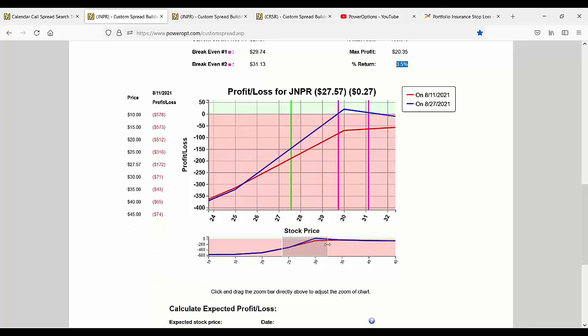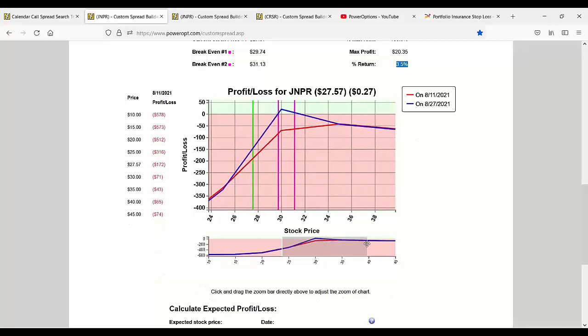But whenever you have one of those positions where the net debit is greater than the difference in strike prices, what you also tend to see is a position that gives you 2 ways to lose. You can lose to the downside and you can lose to the upside if it goes too high. Not like a covered call, which hits the max profit if the stock is trading anywhere above your short call strike price.